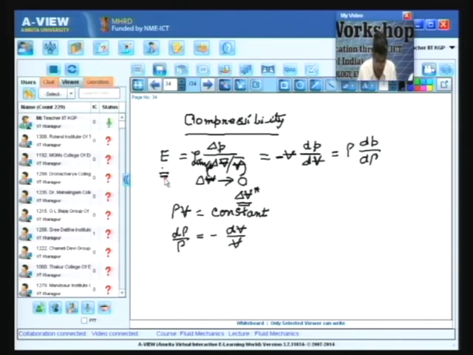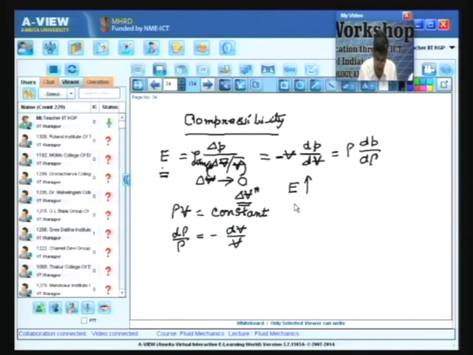Whereas, if E is very low, then what does it indicate? For a given dP, that is change in pressure, the change in volume or density is relatively high, or vice versa. For a given change in volume or density, when E is very low, the pressure required is also low. Which means that when this bulk modulus of elasticity E is very high, the fluid is less compressible.